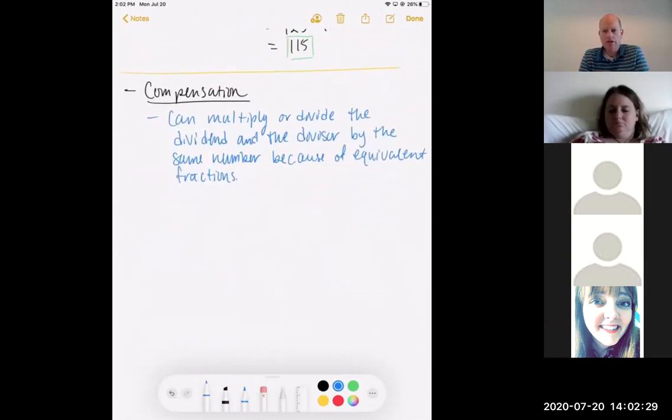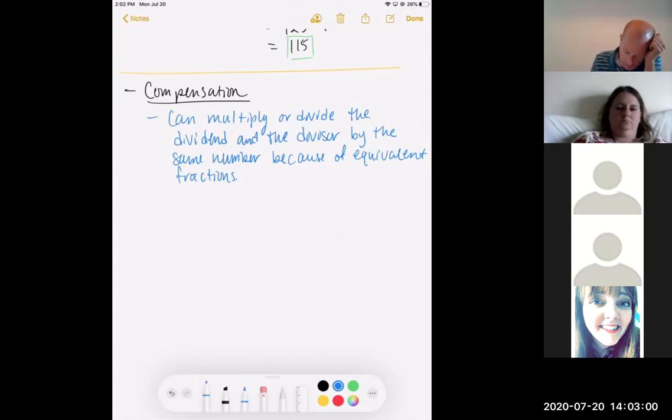With subtraction, division is like repeated subtraction in some ways. And remember, you can add the same number to each part of the subtraction problem, or you can subtract off the same number. That's compensation. You can also do that with division. You can multiply each number in the division problem by the same number, and you can also divide each number by the same number, and maintain the ratio. That's because of fractions. I'll show you here.